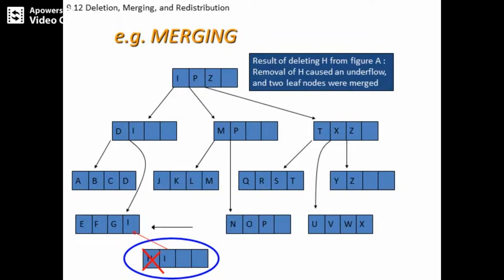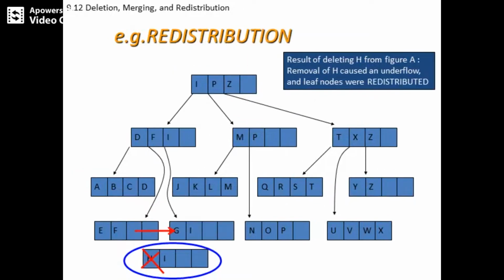Now let us see what redistribution is. If I delete H, as we know, it will become underflow. So what I am going to do is balance both nodes by copying one character from the previous node to the other node. It might not be one, it can be one or two characters depending on the order of the tree.